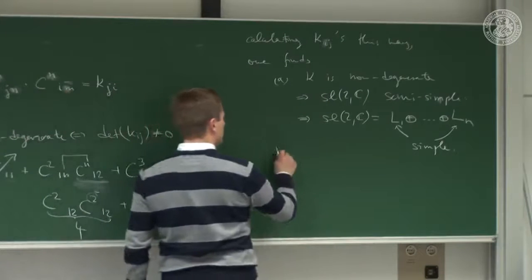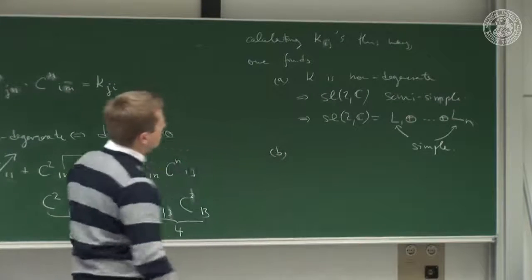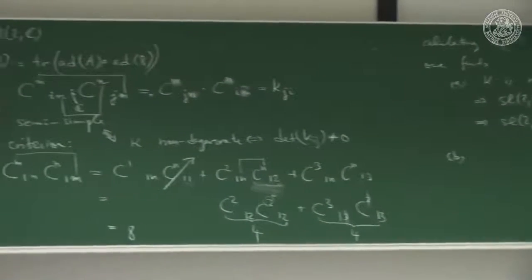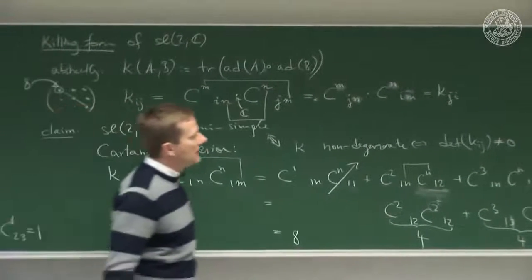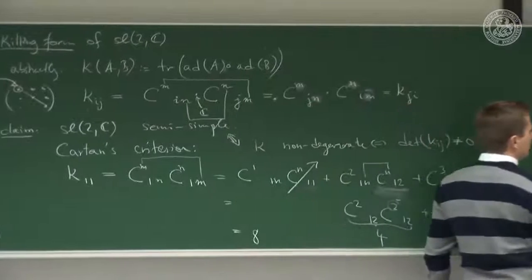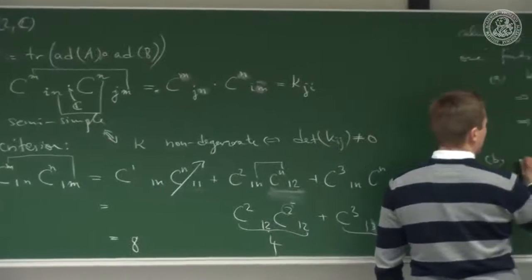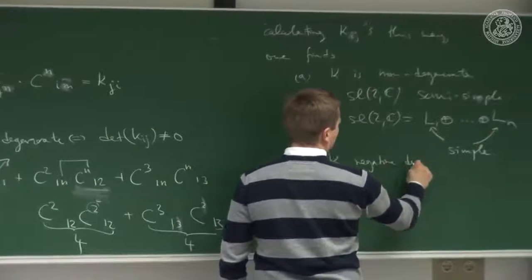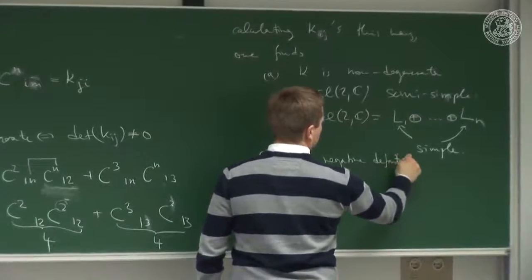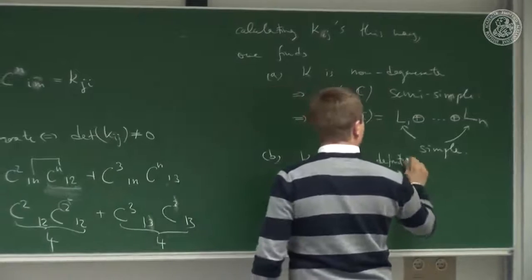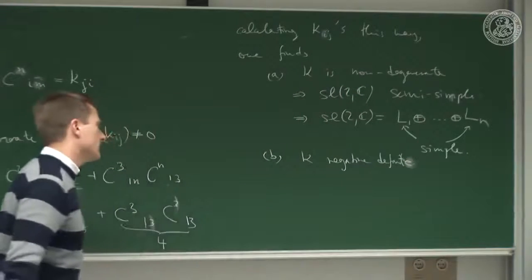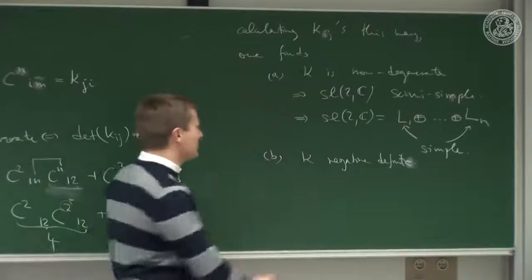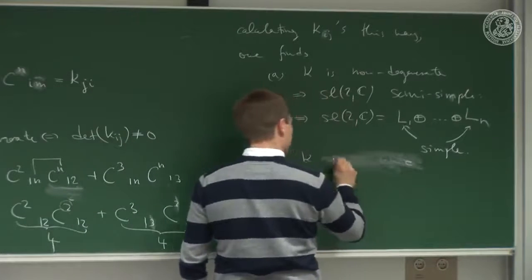And B is more like a side remark, and that is there's something else we can read off the killing form. Namely, I mentioned that before, the killing form K is also negative definite. So I hope I got the sign conventions right here. It should turn out to be negative definite. And no, it's not. No, the statement is it's not negative definite.